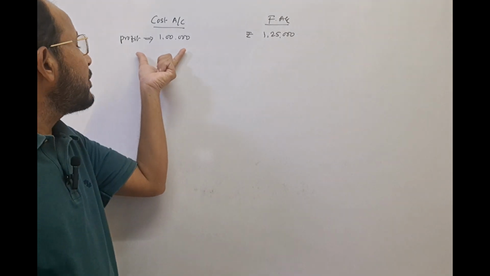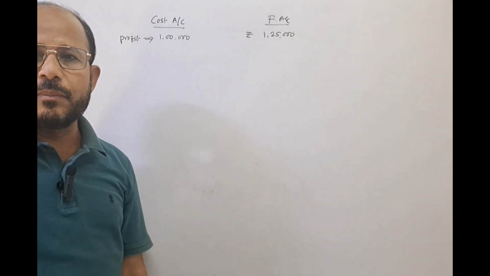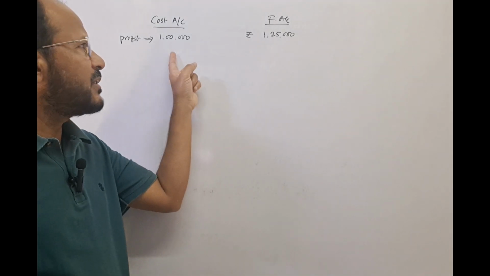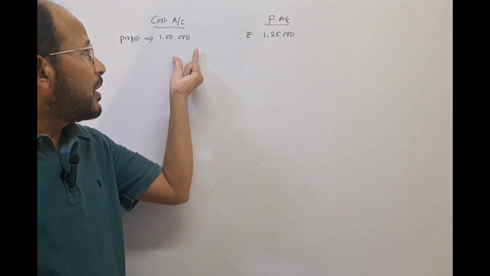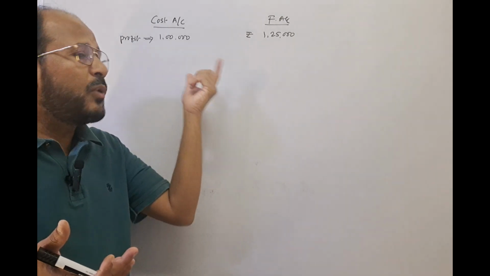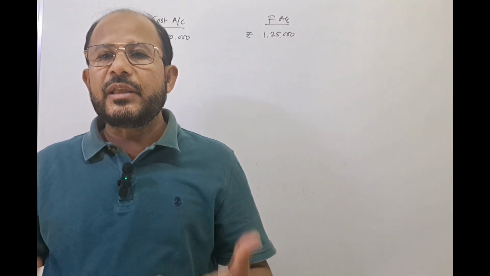Cost accounting is showing a profit of rupees 1 lakh and financial accounting is showing a profit of rupees 1,25,000. Why is this variance there? Why is there a difference in the profit or the figures of both sets of accounts? Here we need to find out the reasons.